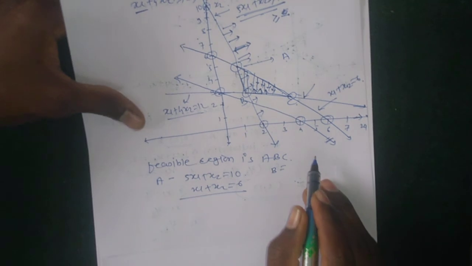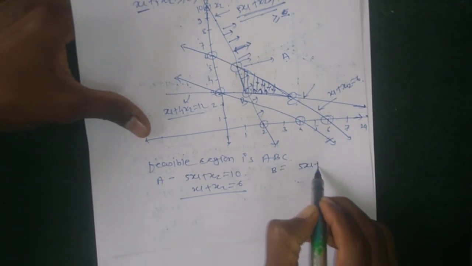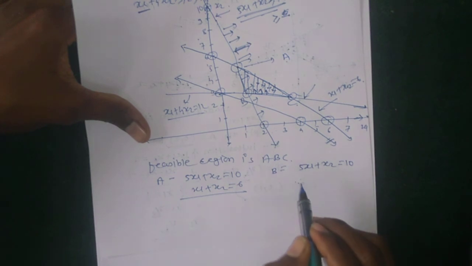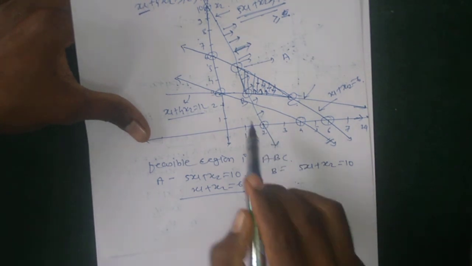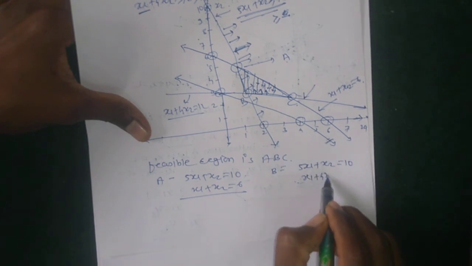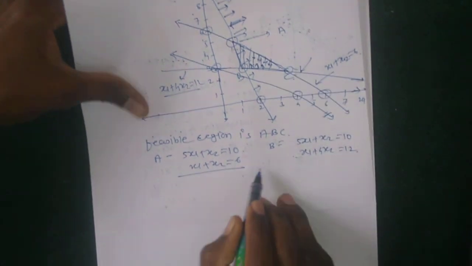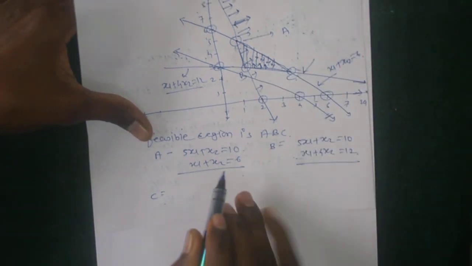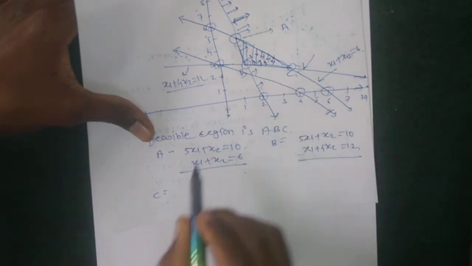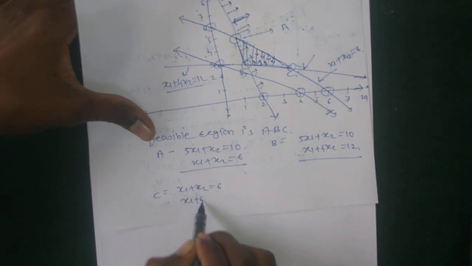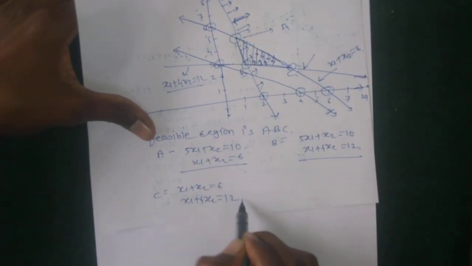Point B is the intersection of two lines, 5x1 plus x2 is equal to 10 and the next line, x1 plus 4x2 is equal to 12. And point C is the intersection of x1 plus x2 is equal to 6 and x1 plus 4x2 is equal to 12.